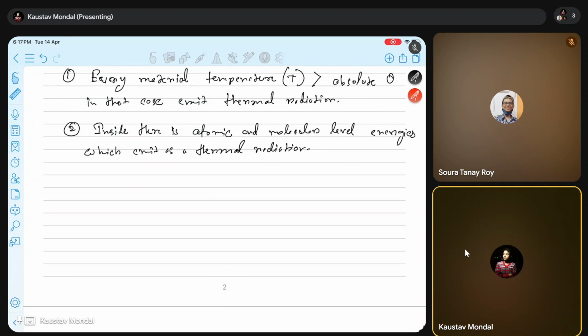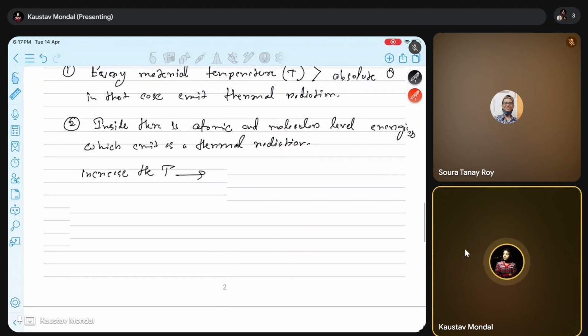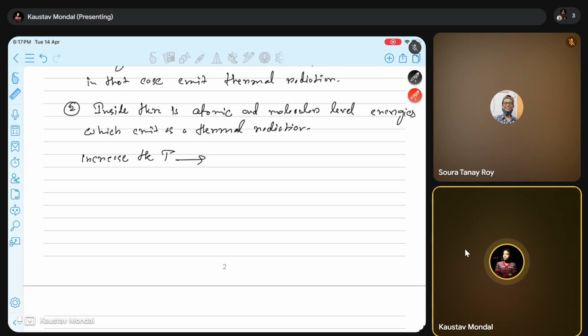So if you increase the temperature, then the rate of this emission, the radiation rate, will also increase.